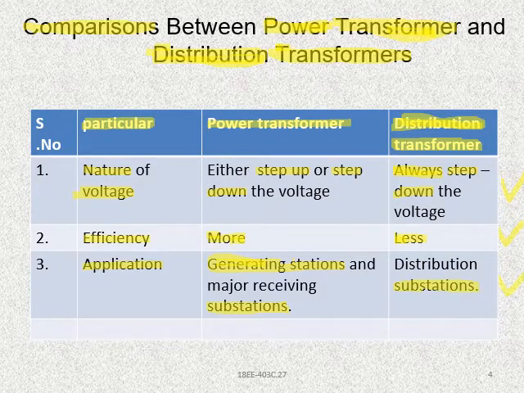Let's make a note of this. So a power transformer is of large capacity, used in generating stations for step up and in major receiving substations for step down, whereas a distribution transformer is used purely for distribution substations, and it is always a step down. Make a note of that.